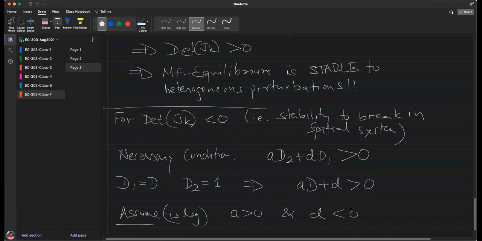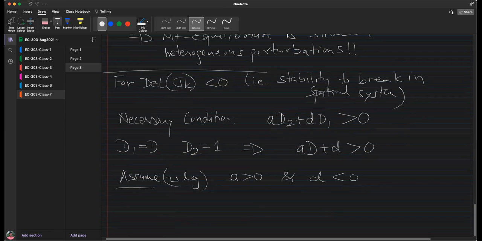Why am I considering this? If A and D were both negative, then this would not be true anyway. So let's assume A is positive, D is negative. If that is the case, what should D be? D must necessarily be greater than 1. If D was indeed 1, then you will have A plus D, which will be negative. So we want a positive term to dominate. Therefore, we necessarily have D greater than 1.